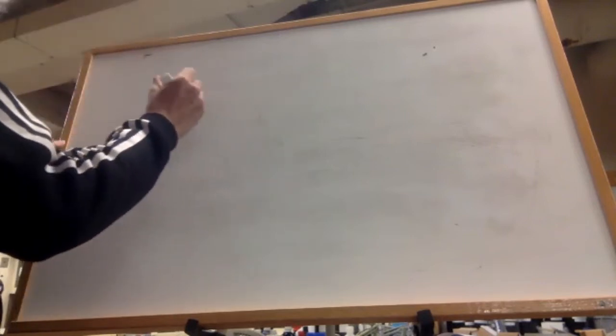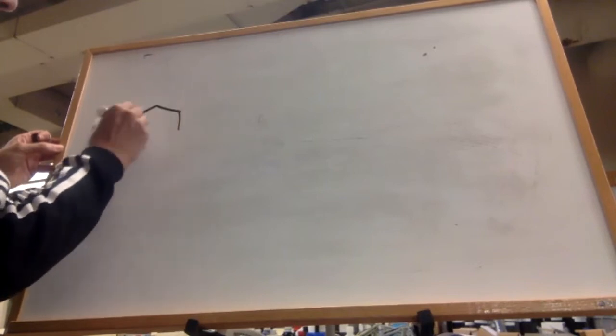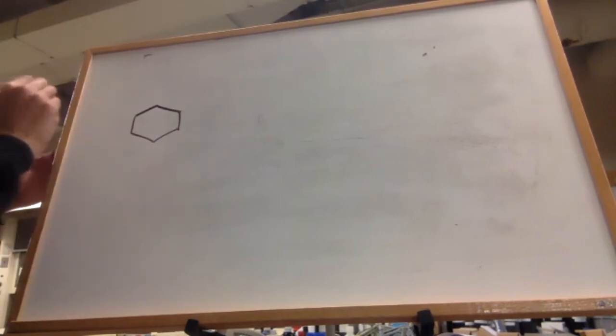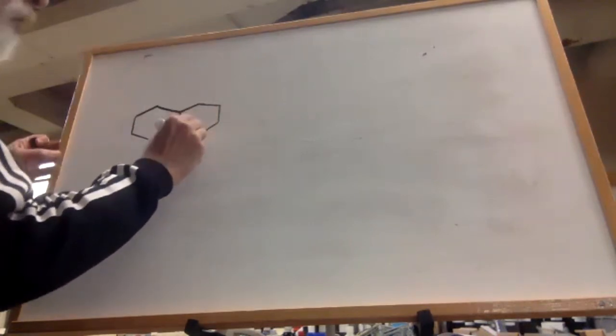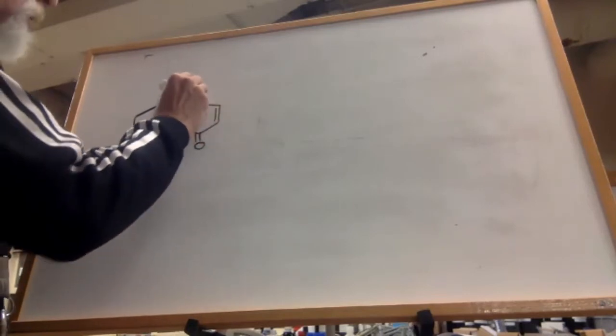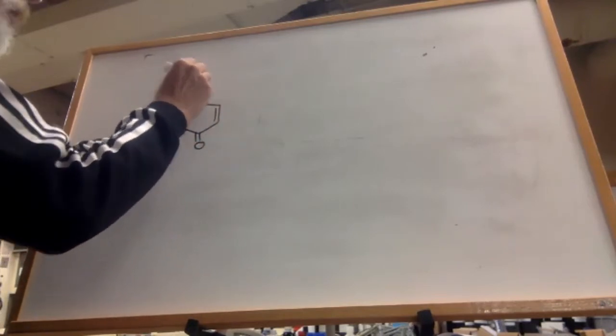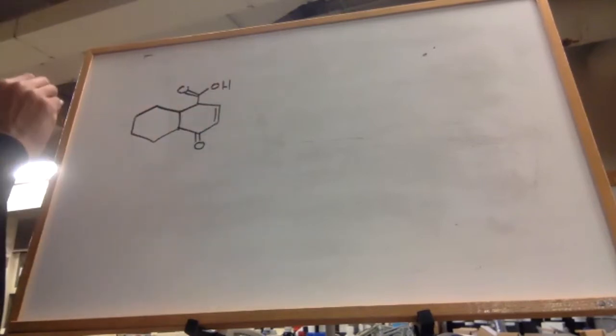So if we have this compound, we have a carboxylic acid, we have an alkene, and we have a ketone.